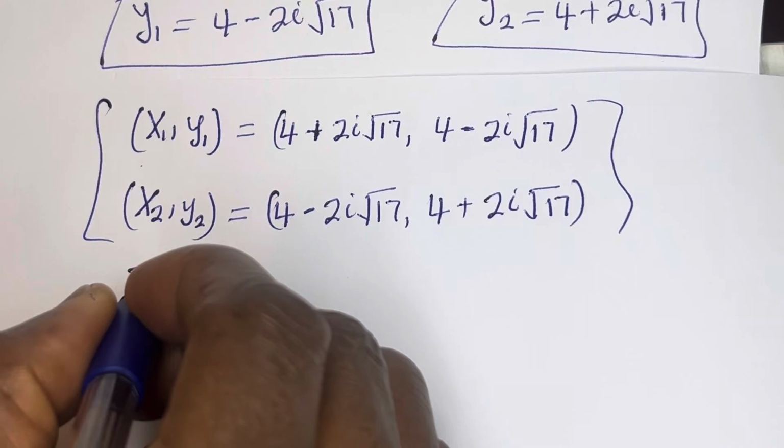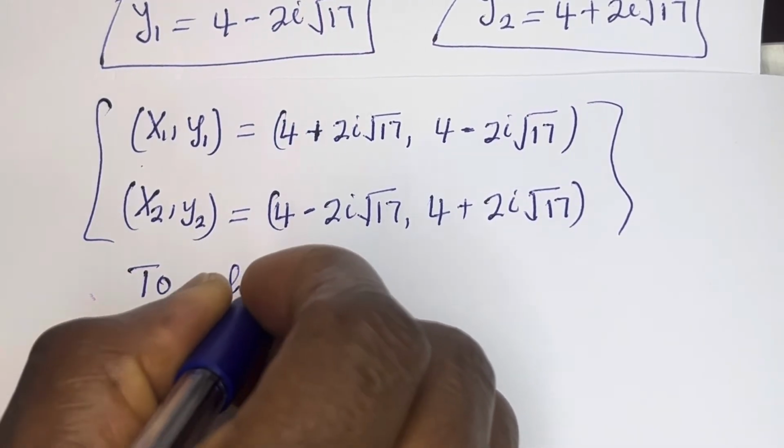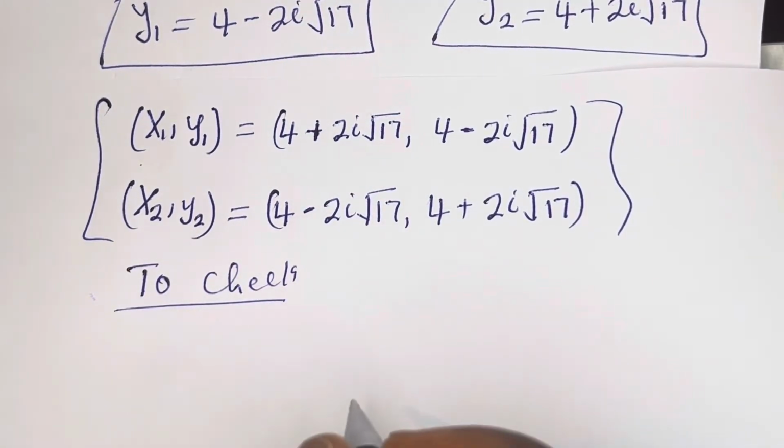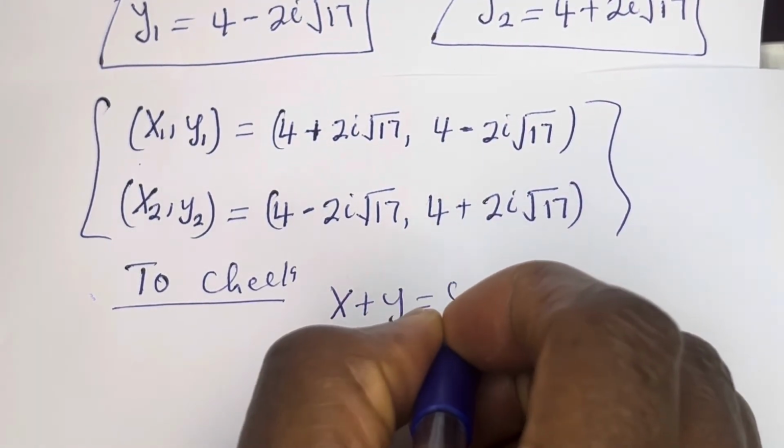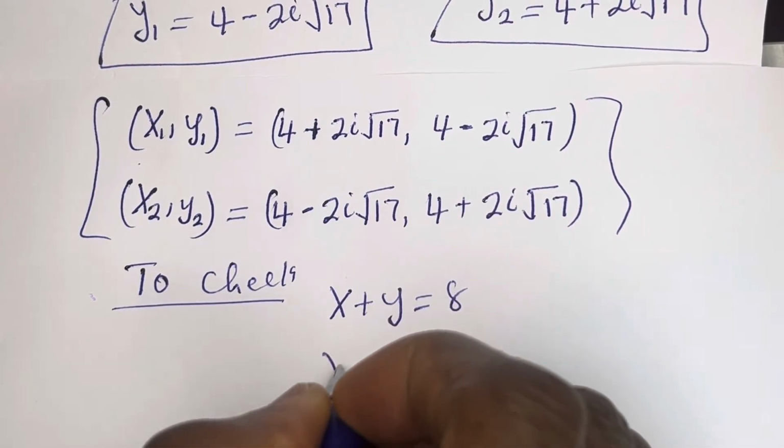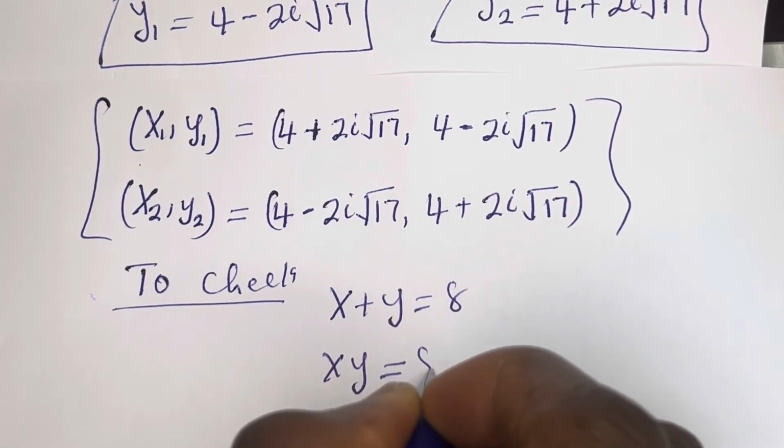To check, we have the given equation. s plus y is equal to 8. sy is equal to 84.